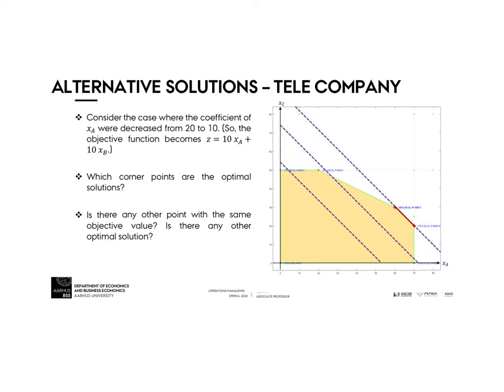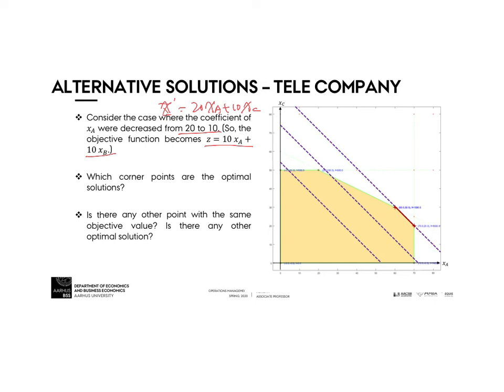Consider the case where the coefficient of XA were decreased from 20 to 10. Another way to see it, you got a new objective function, which is zeta equals 10 times XA plus 10 times XB. If you remember, we actually have an initial one, 20 XA plus 10 XB.